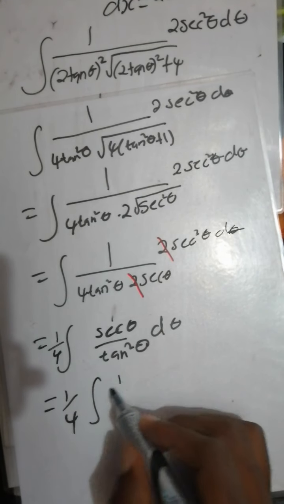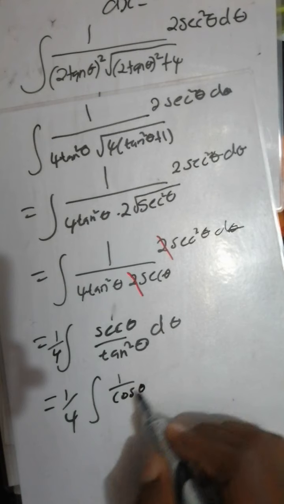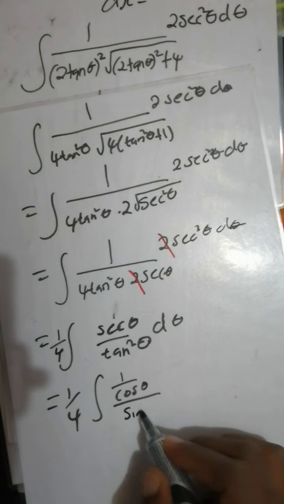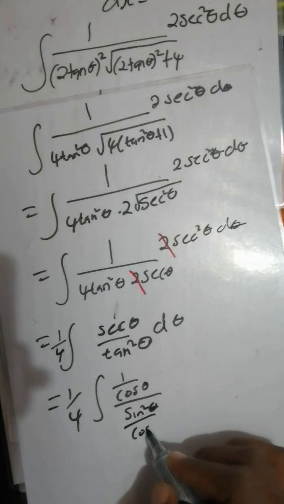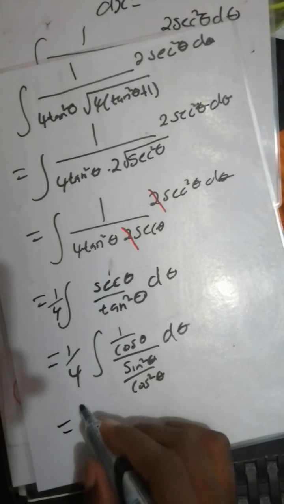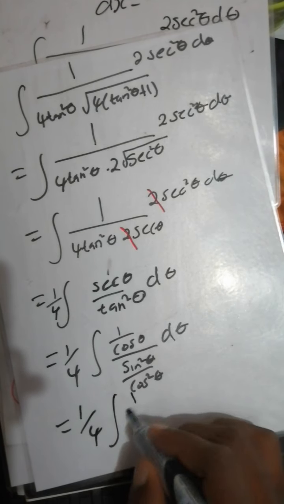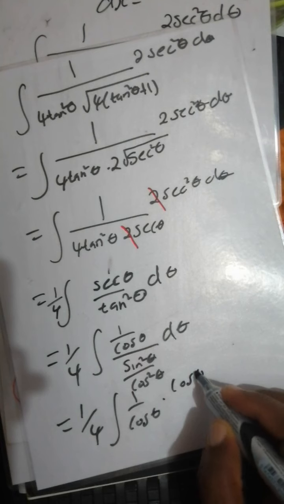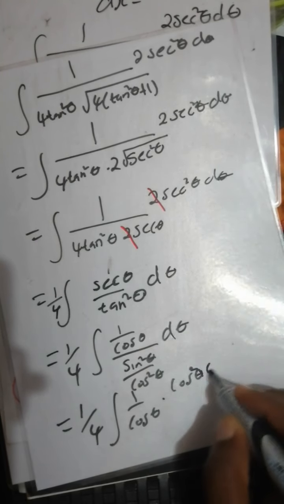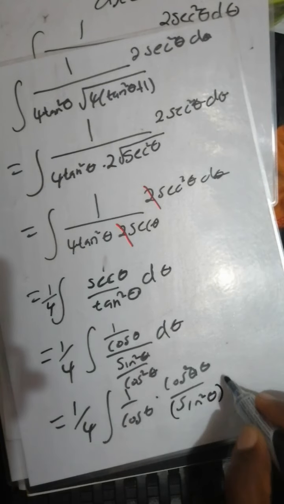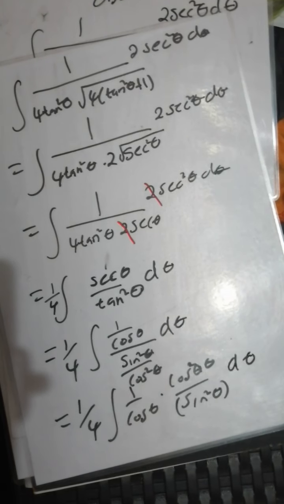Sec theta is the same as 1 over cos theta. Now tan squared theta is the same as sine squared theta over cos squared theta. So 1 over 4, 1 over cos theta, times cos squared theta divided by sine squared theta d theta.